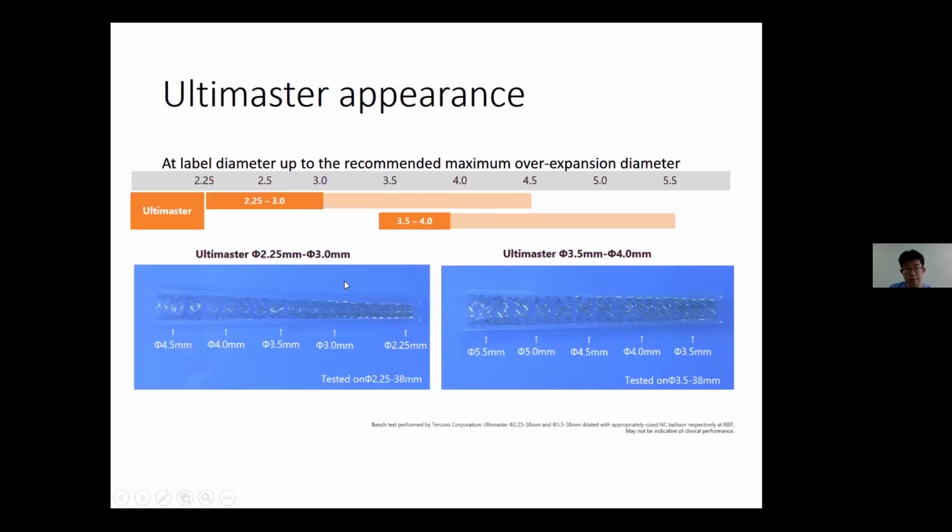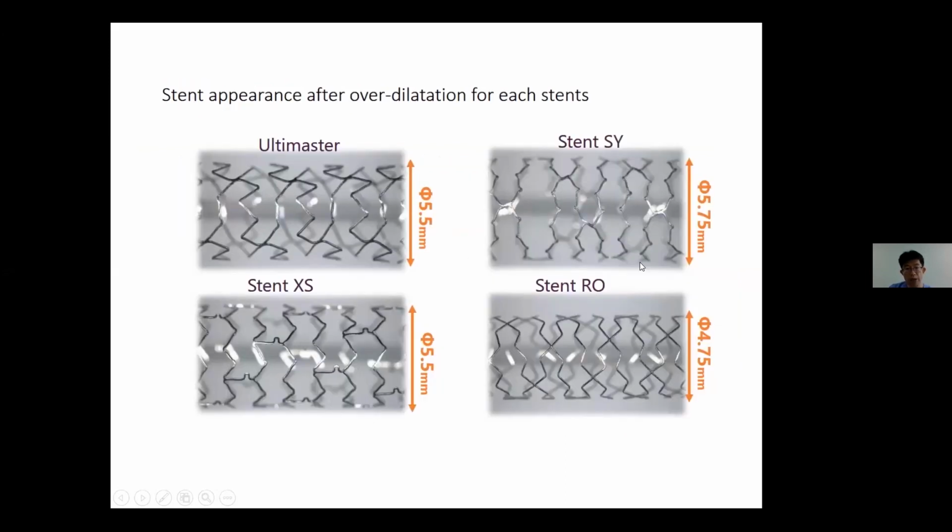This slide is a very important slide. The Ultimaster 3.5 or 4.0 stent size is okay at most to 5.5. So this is the stent appearance after over-dilatation for each stent. Ultimaster has no damage after dilatation with 5.5. Stent design still remains.